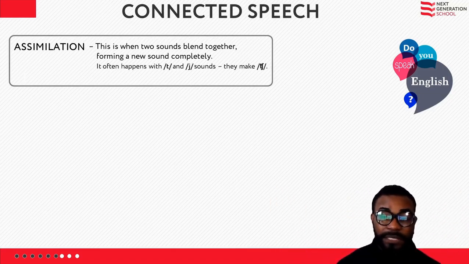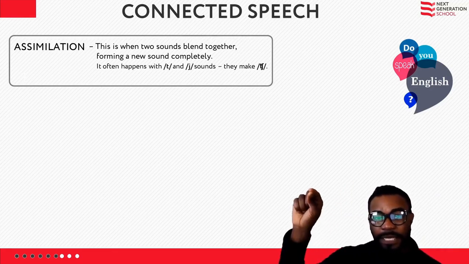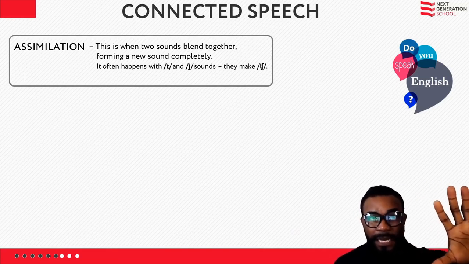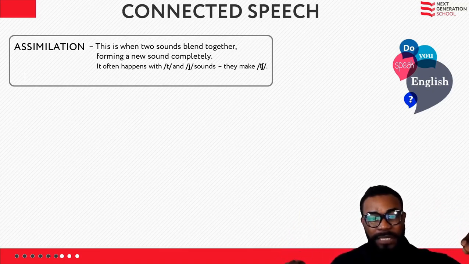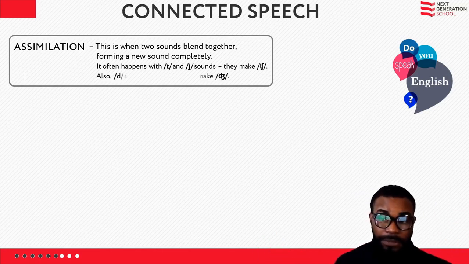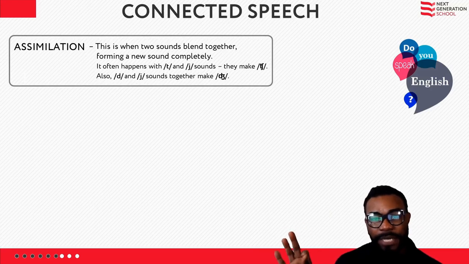And we say that it often happens with "te" and "ya" sounds. So together, "te" and "ya" make a "ch" sound. And also, "de" and "ya" together make a "j" sound.